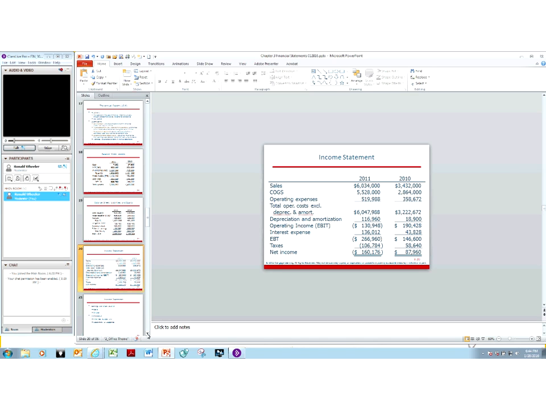Is that a function of just increase in sales, or are operating expenses growing too quickly? I did the math on those. In 2010, operating expenses were 10% of sales, in 2011, 9%. And so to me, that doesn't raise a red flag. That's your expenses as a percent of sales went down slightly, and that's what you would hope for.